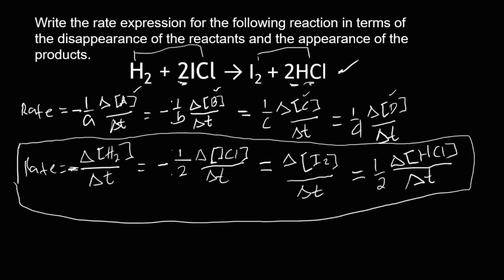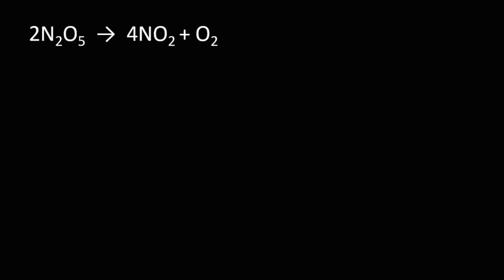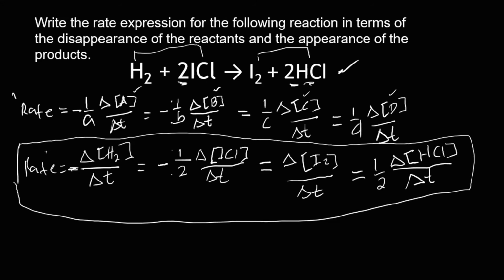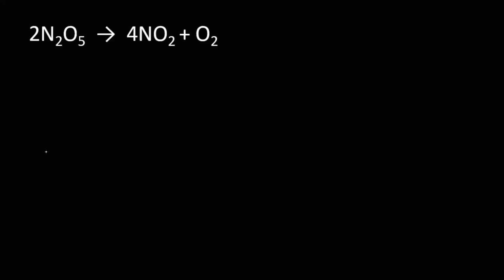Okay, so let's have the second one. 2N2O5 produces 4NO2 plus O2. By following this rate expression, we can now determine the rate expression of this balanced equation.